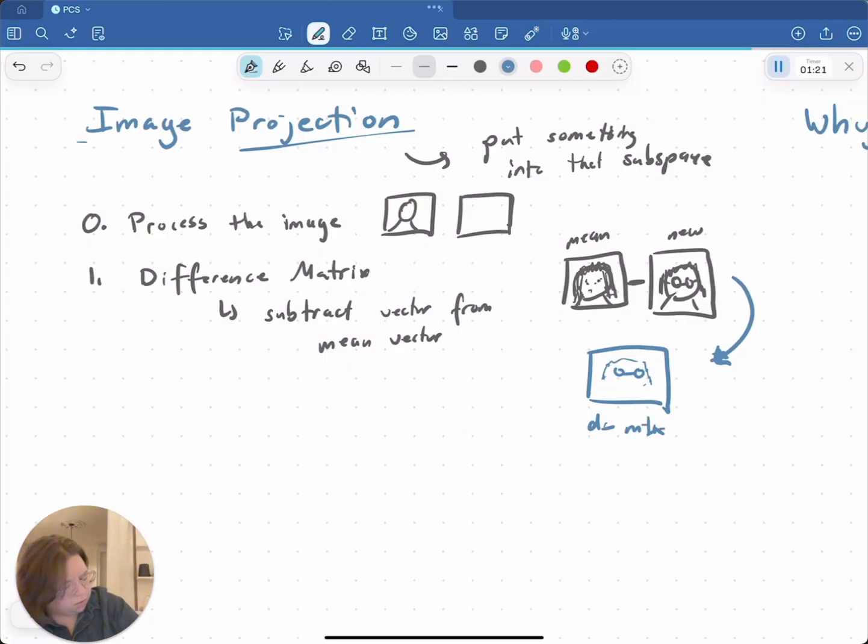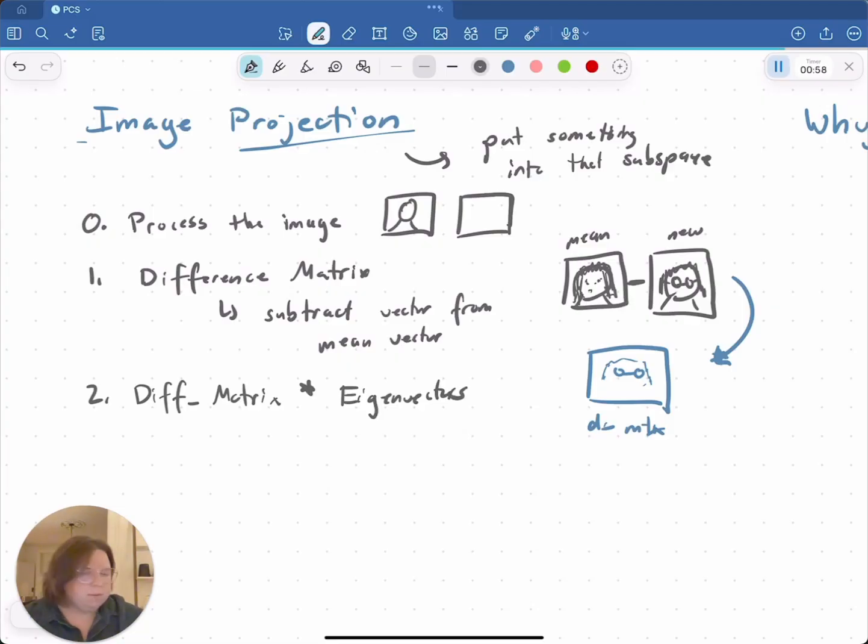Now the very next step is that we're going to multiply that difference matrix times our eigenvectors. What that does is it reduces our matrix, which right now is just that difference, and puts it in the same dimensional space as our eigenvectors. So in our last example, where I was just doing a 3D because it's easier to draw, if we were only having 3 eigenvectors, that's a 3 by whatever the size of the vectors, dimensionality reduction.